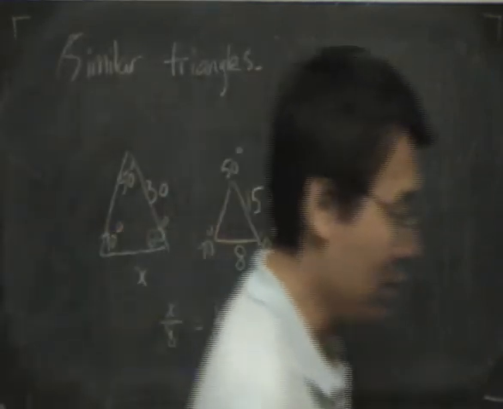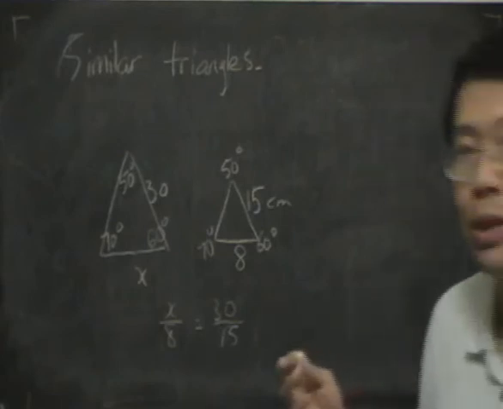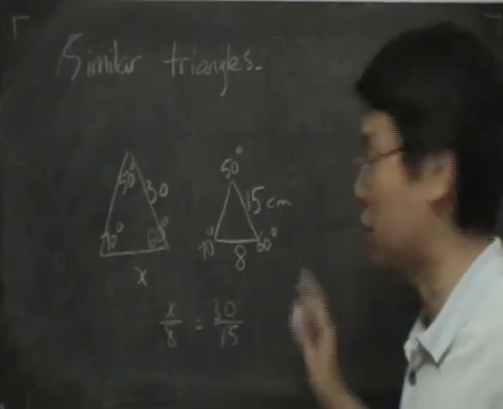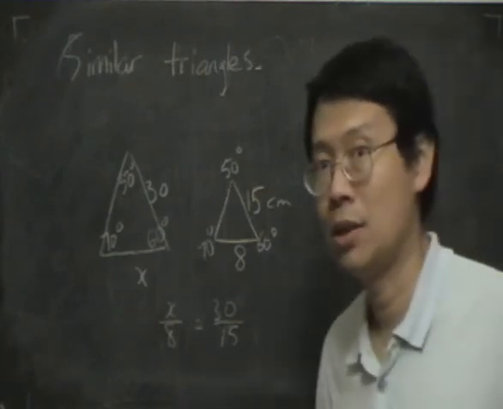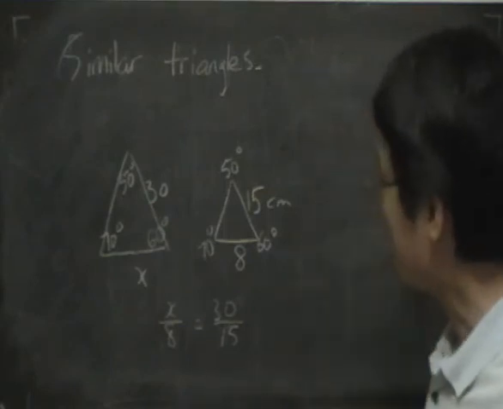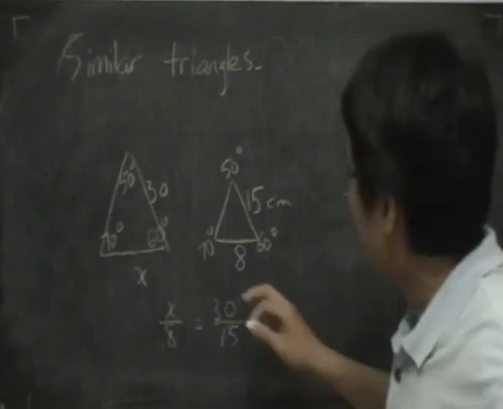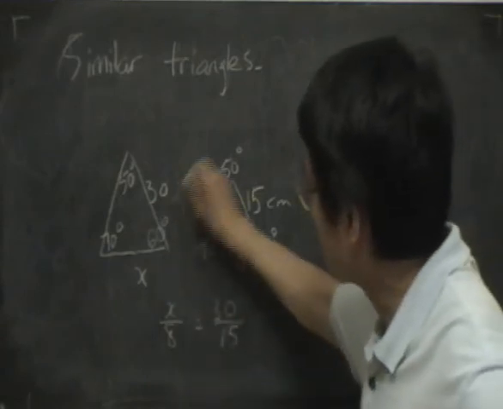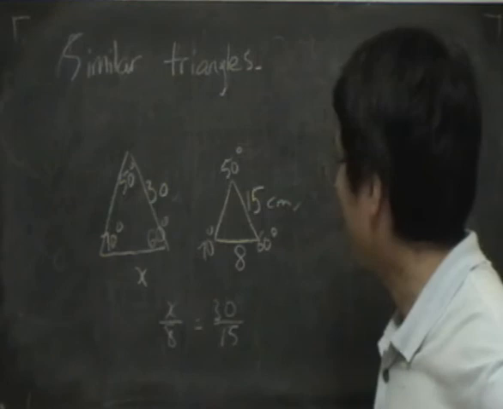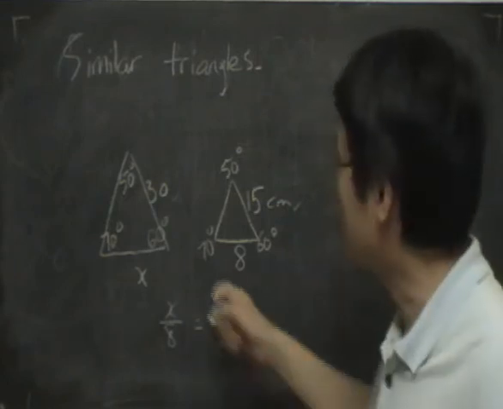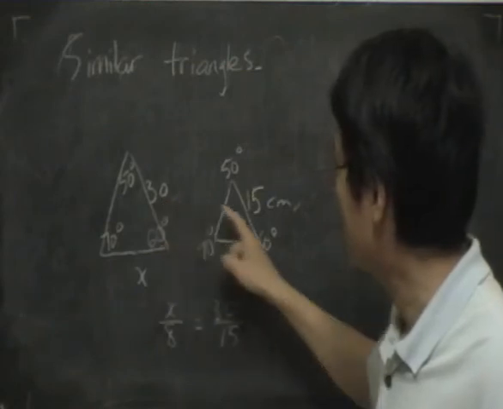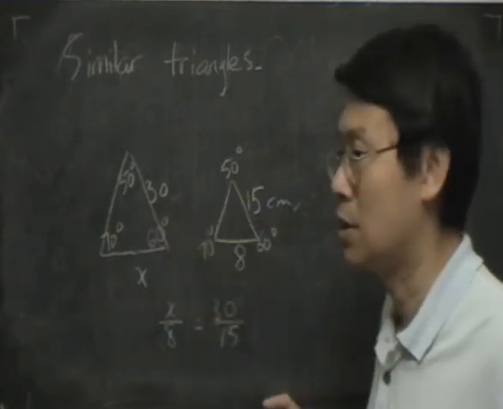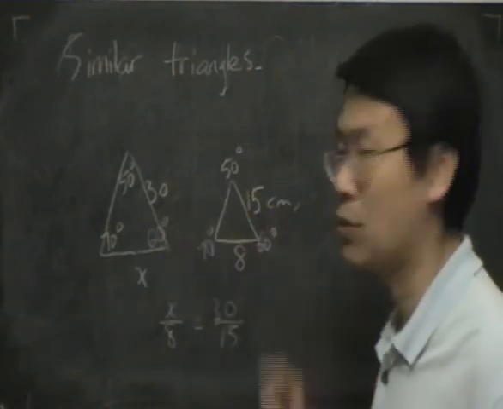Now, quite often, there might also be a quick way to do such questions, especially at O-level exams. In this case, just by looking at these two sides, we can already see what the ratio is. The ratio is 30 to 15. 30 is twice as big as 15.